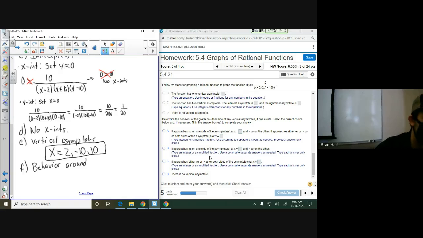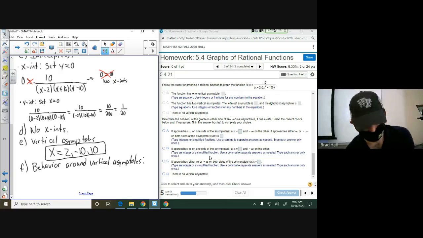So this is the behavior around asymptotes, well, in particular, vertical asymptotes. And so we have 3 asymptotes, so that means we have 3 different things to determine.